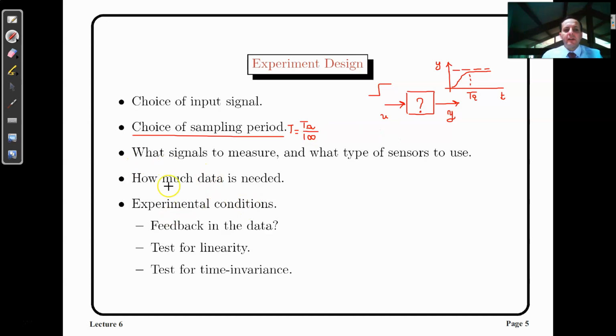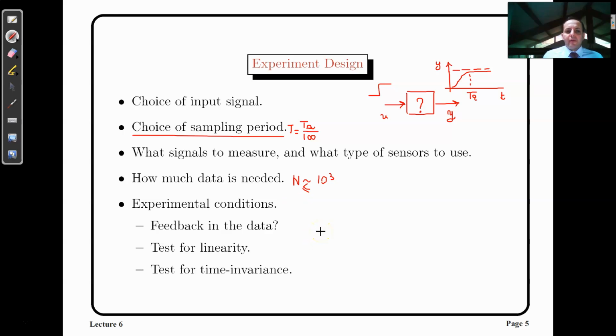Also, another point is how many data are needed. This number is defined as N, and normally for linear identification the order of magnitude is less than, let's say, several thousand. So no more than several thousand. There are also some problems during the experiment.